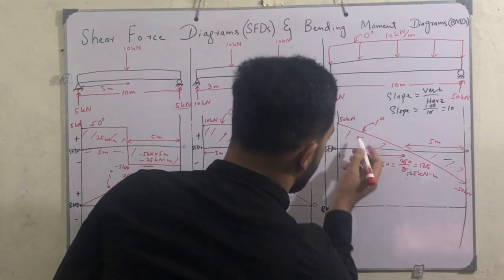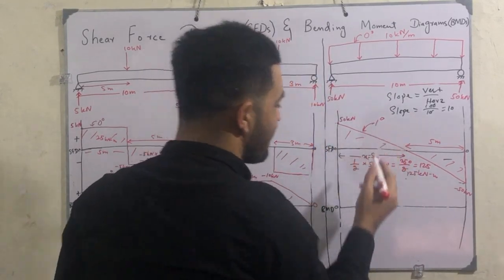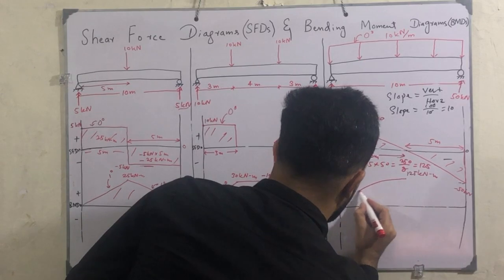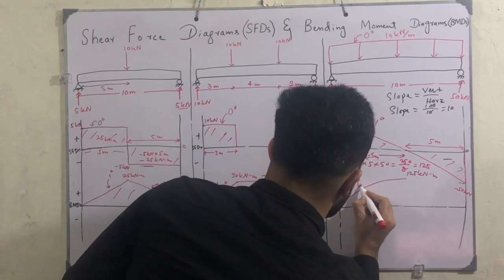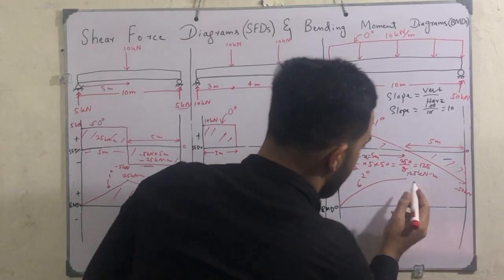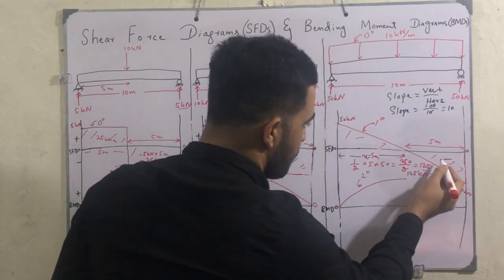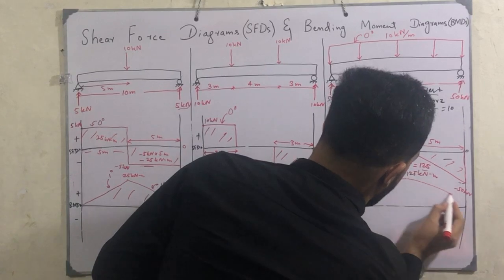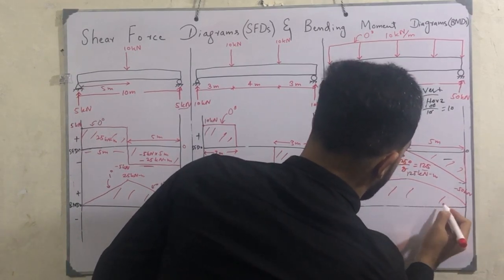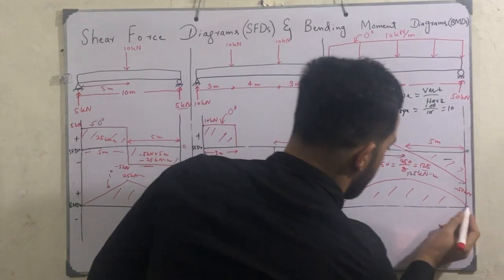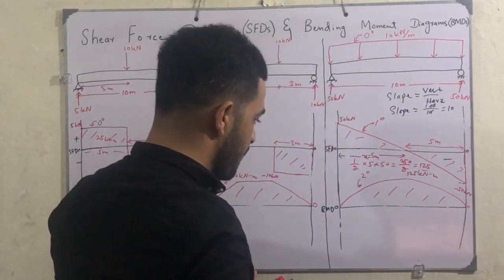And from here to here, since the shear is a straight 1 degree line, we have to go in a 2 degree line, a curved parabola. So this is a 2 degree line. And again from here to here, the same 125 will be, but it will be decreasing because it is in the negative portion. So it will go to 0, and that's how we can find the bending moment diagram.